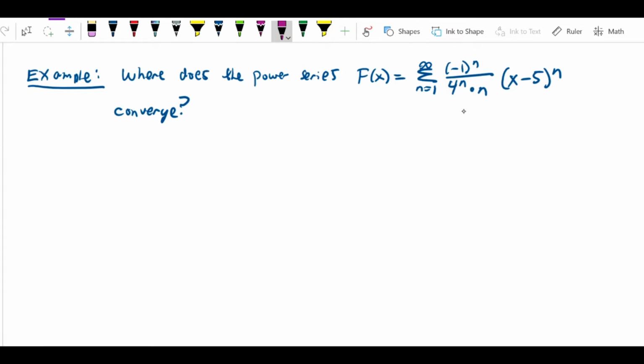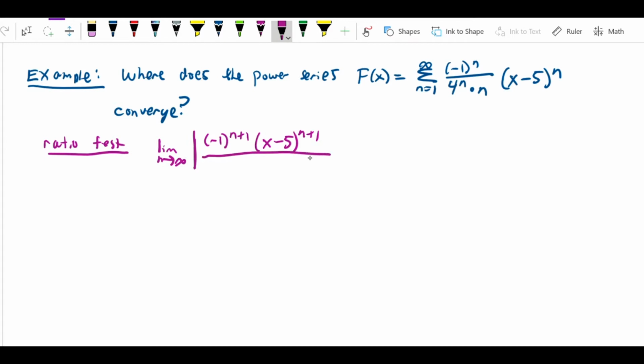So in any event, we're going to start with the ratio test, like we usually do. We're going to calculate the limit as n approaches infinity of this general term, but every place I see an n, I'm going to replace it with n plus 1. So that's going to be negative 1 to the n plus 1, x minus 5 to the n plus 1, over 4 to the n plus 1 times n plus 1.